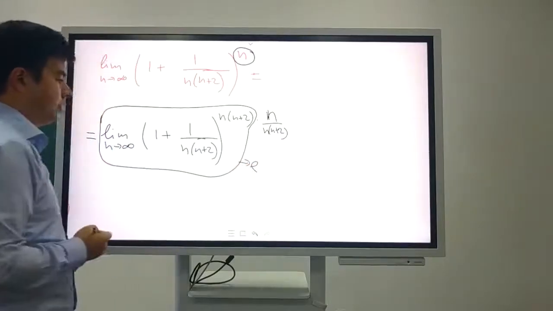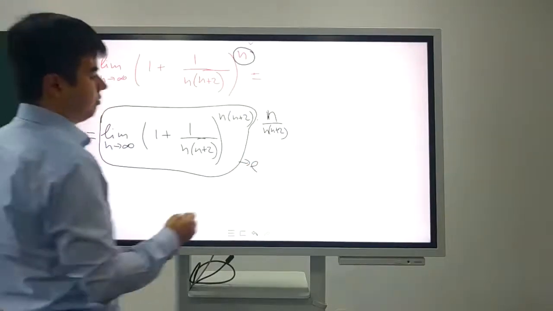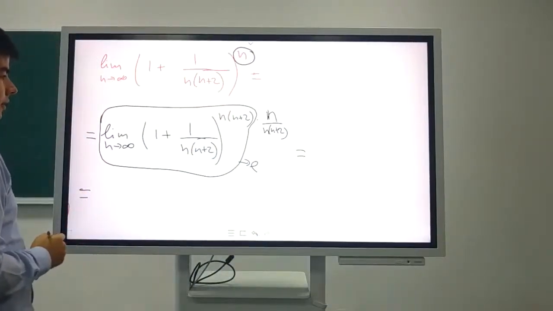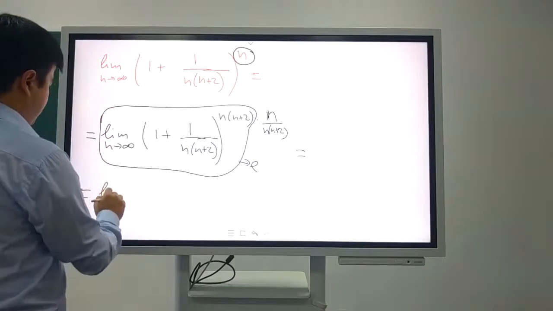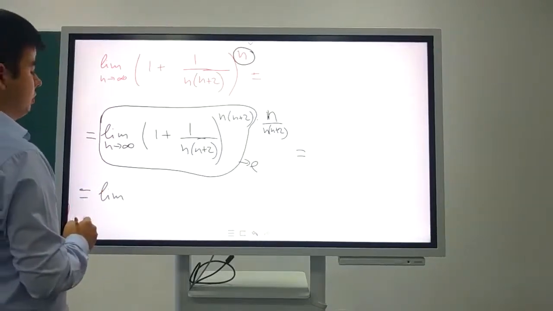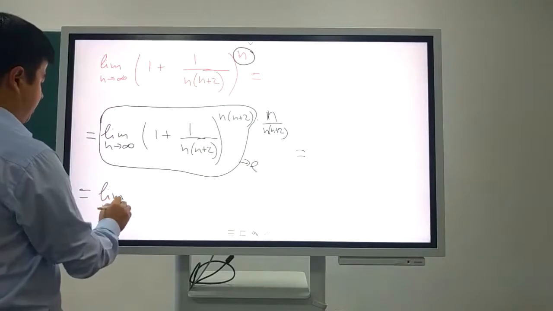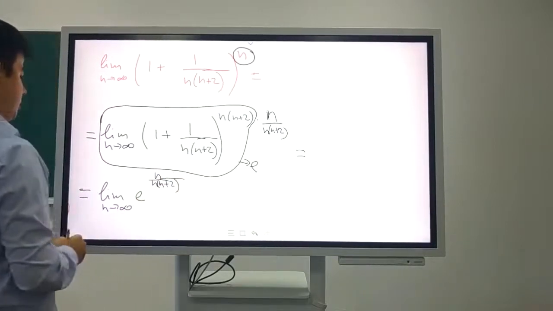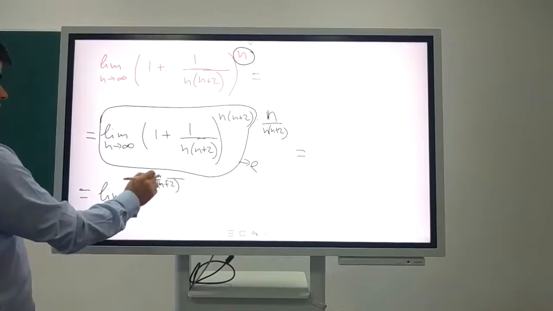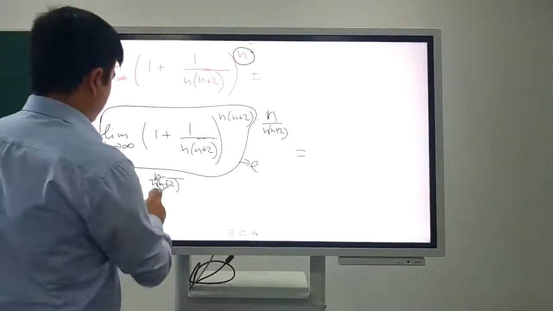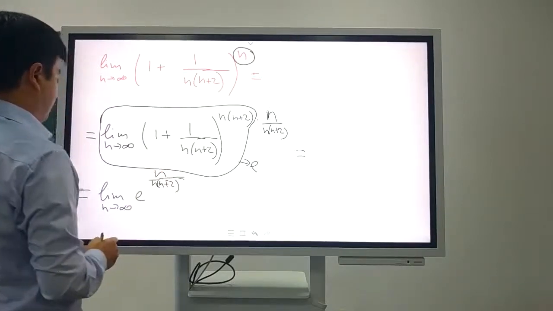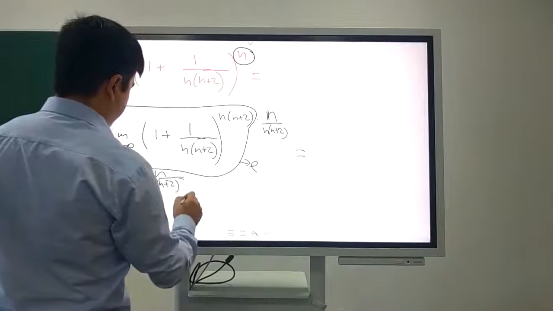When n tends to infinity, it goes to e, the number e. So let's continue. We have the limit as n tends to infinity of e to the power of n over n plus 2. So now, let's continue.